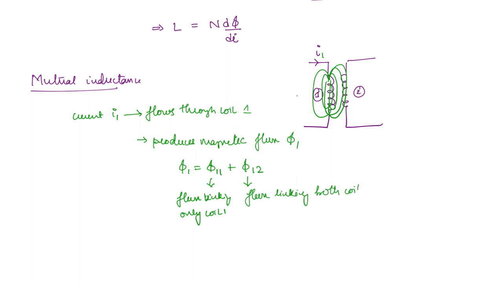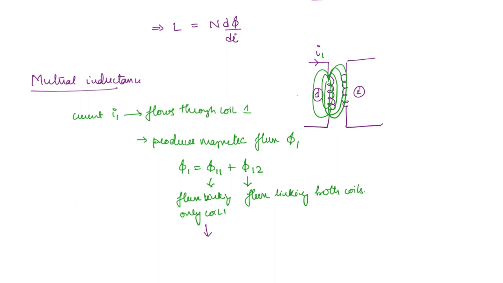A flux linking only coil 2 will not exist, right? Because it is originating from coil 1. You can see that only some of the magnetic field lines are linking coil 2. Some of the lines are not linking coil 2. Whatever is not linking coil 2 we call phi 11, and whatever is linking coil 2 we call phi 12.